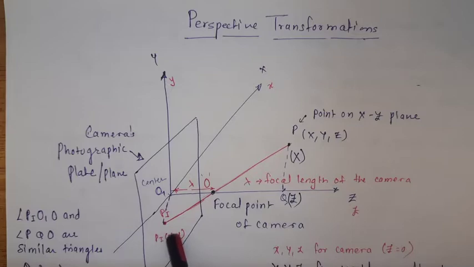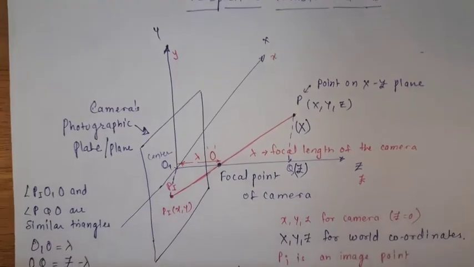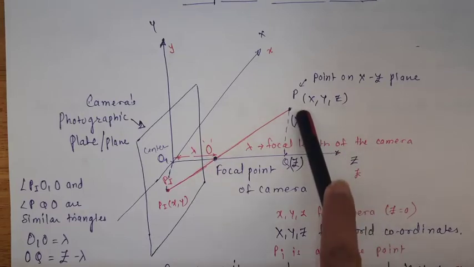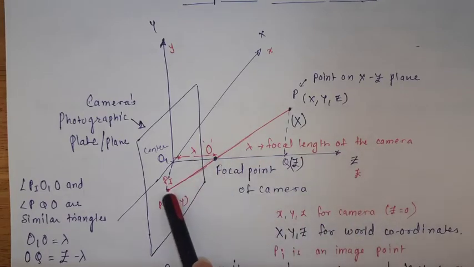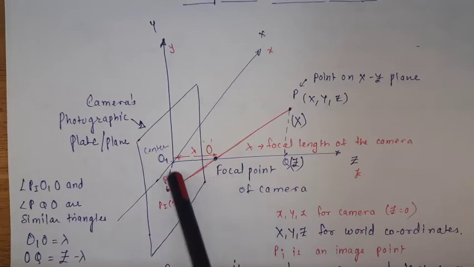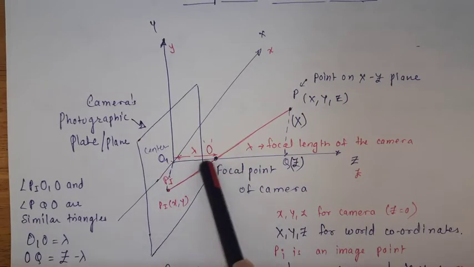plate or plane. What we are doing here is drawing a line from point P to the plane which will pass through a focal point. The focal point is given here as O, and the focal length is O1O, that is lambda.